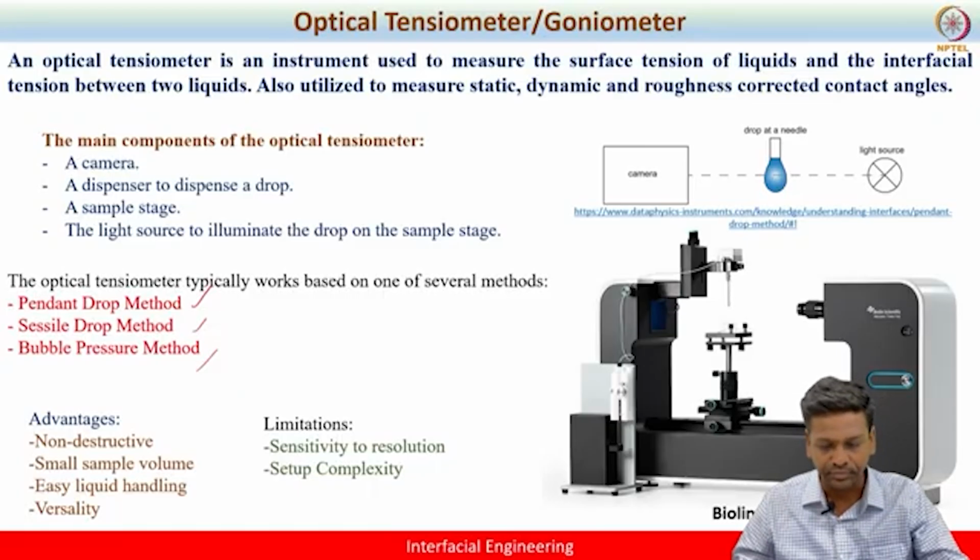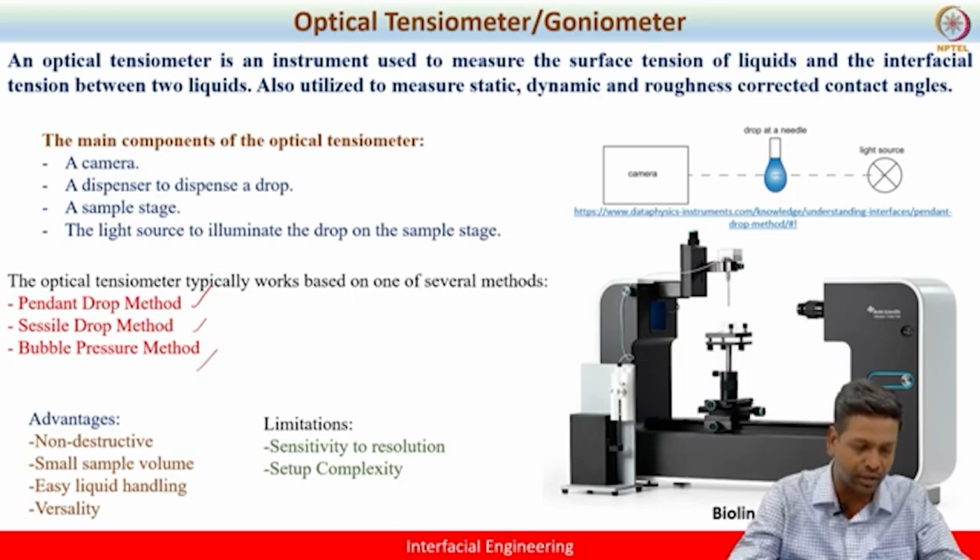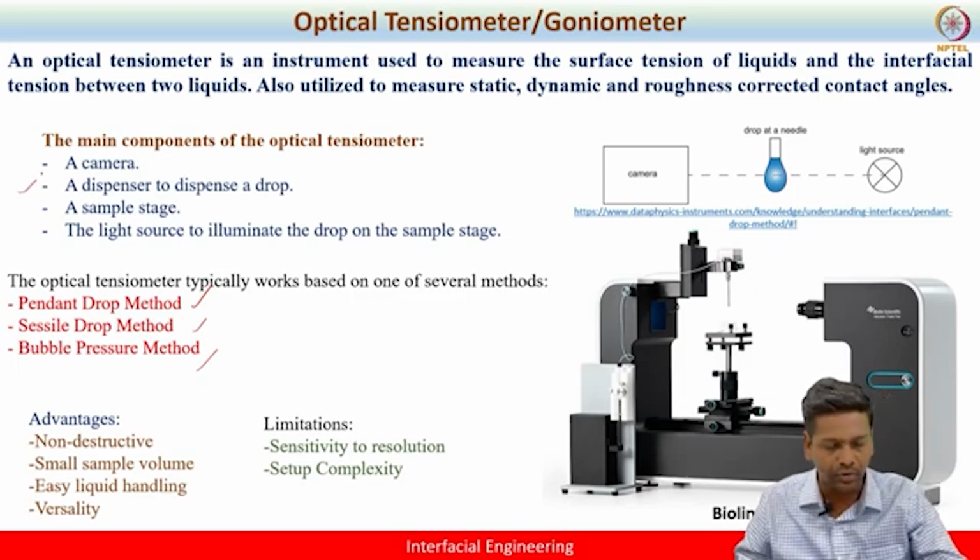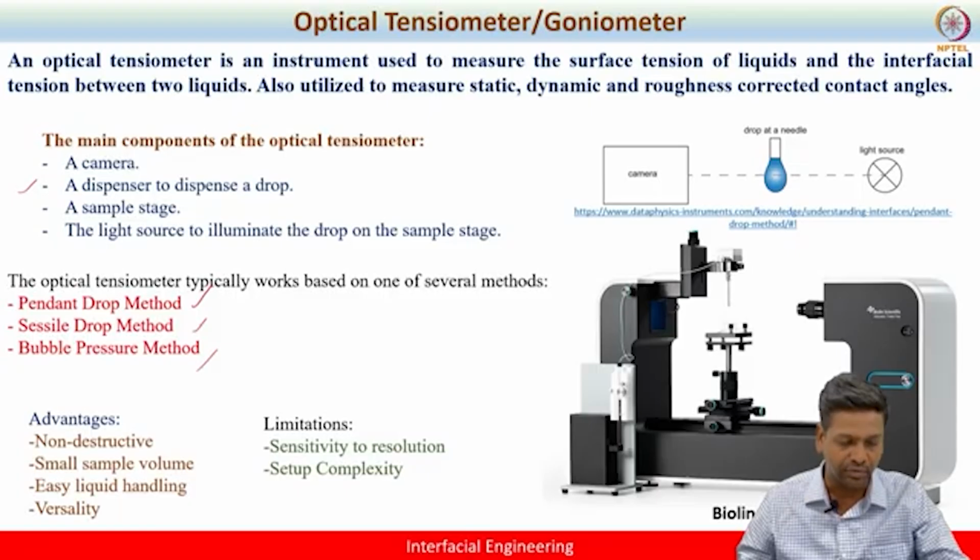Essentially it consists of the following components. It has a camera fitted at one end, and you have the dispenser, usually a syringe filled with the liquid of interest, using which one can perform the pendant drop as well as the sessile drop method.